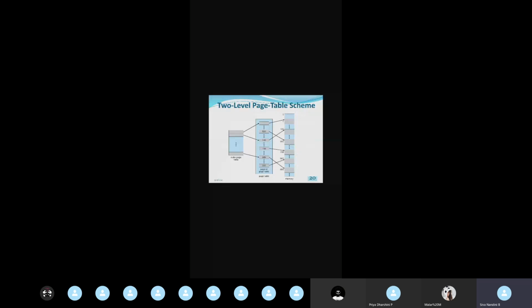So instead of one large continuous page table, we are breaking that long table into two tables, the outer page table and the inner page table. With a 22-bit page number, our memory consumption for the page table would be very high, so we break it into outer and inner page tables. When we break it like this, we don't need a continuously large amount of memory space. Understood?